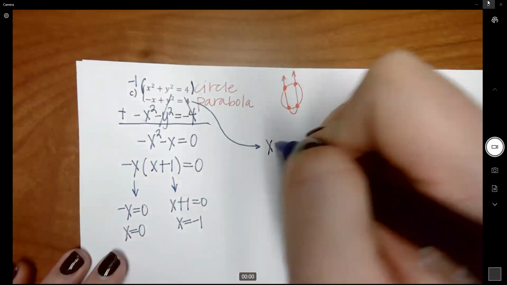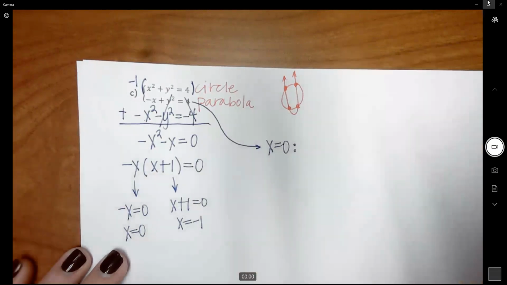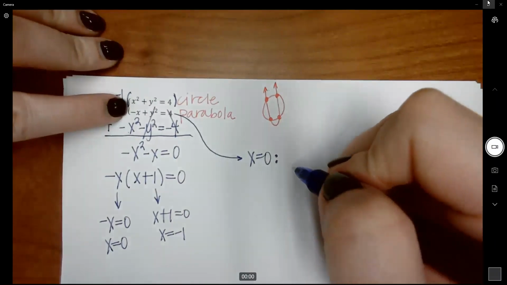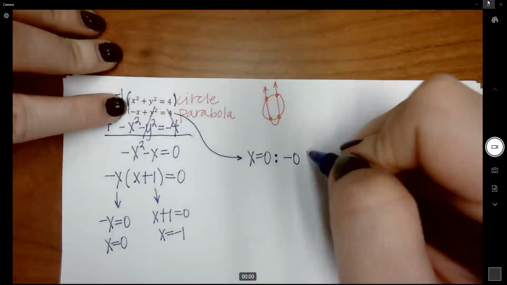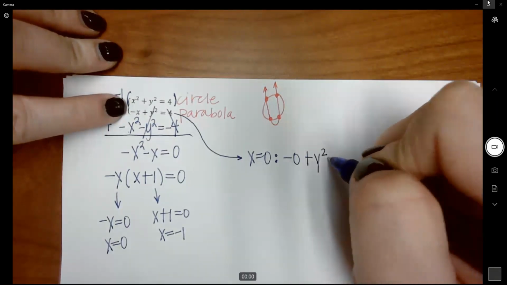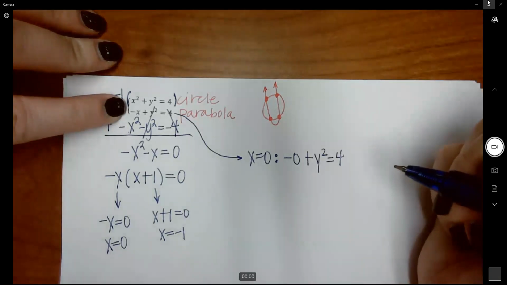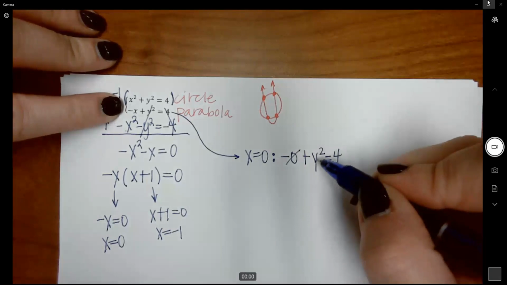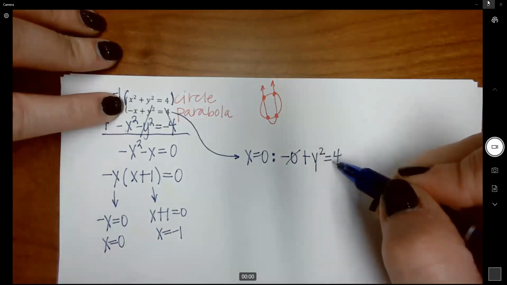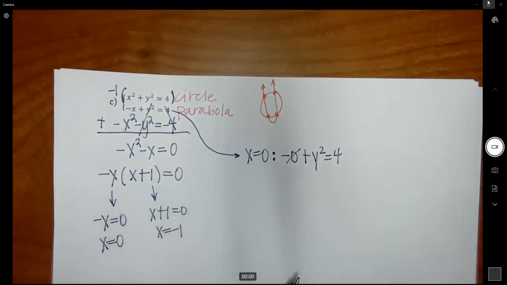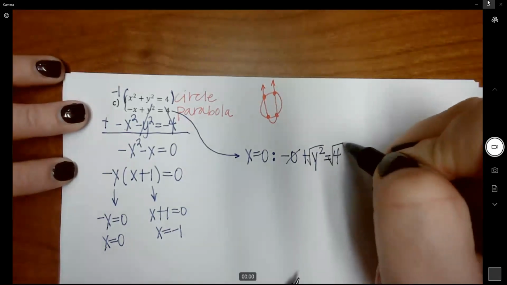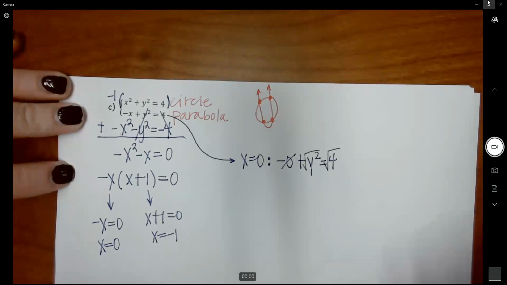And so when x equals 0, I get -0 plus y squared equals 4. That goes away. So I have y squared equals 4. The opposite of y squared is the square root.